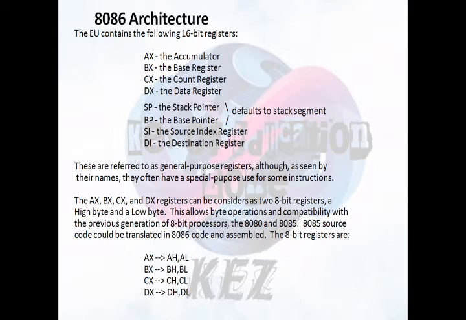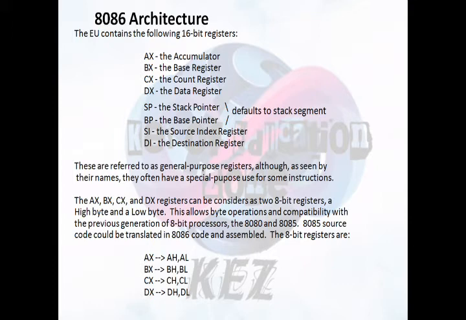Now AX, BX, CX and DX registers can be considered as two 8-bit registers, a high byte and a low byte. This allows byte operation compatibility with the previous generation of 8-bit processors, and 8080 and 8085 source could be translated into the 8086 code and assembled as 8-bit registers. So everywhere in 8080 or 8085, you get 8-bit registers.